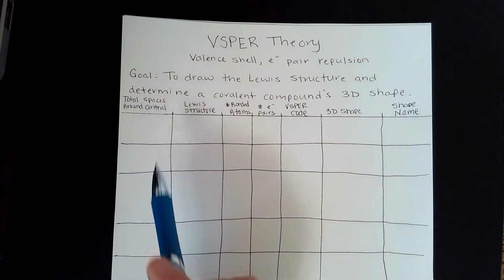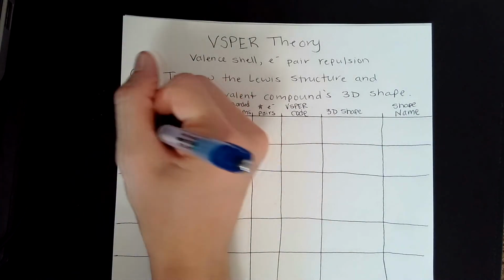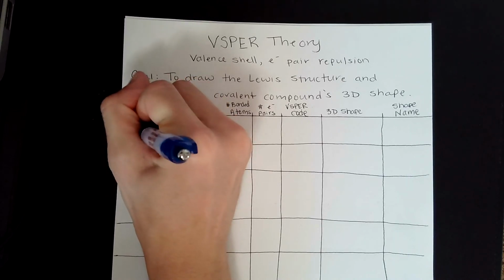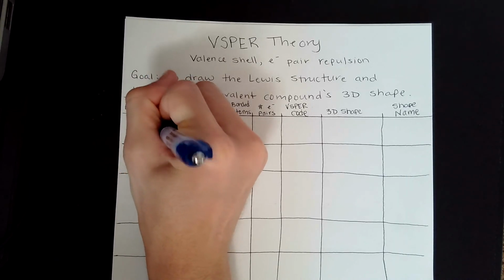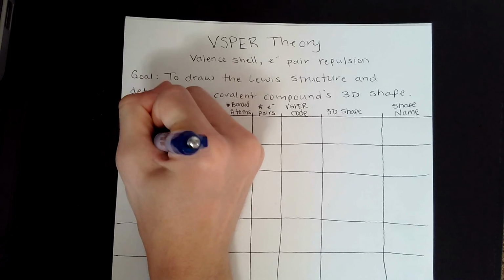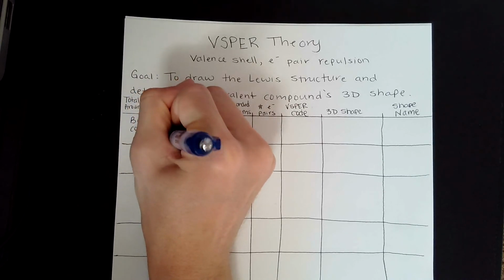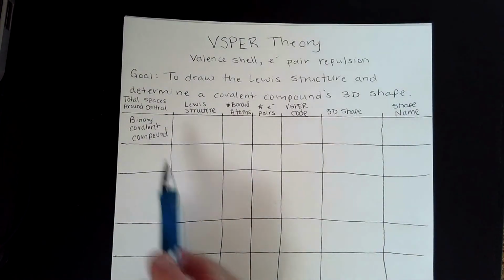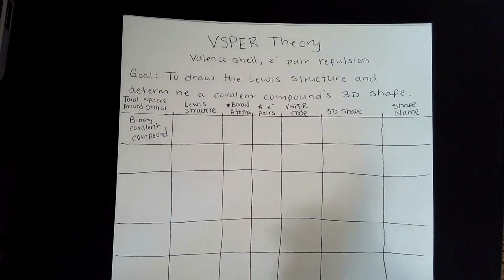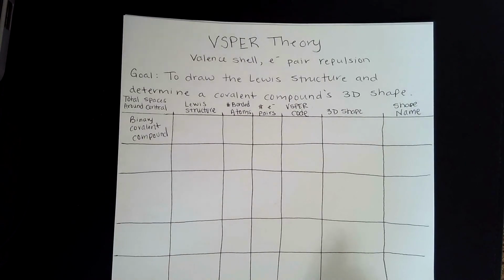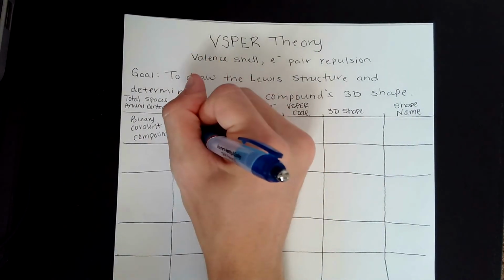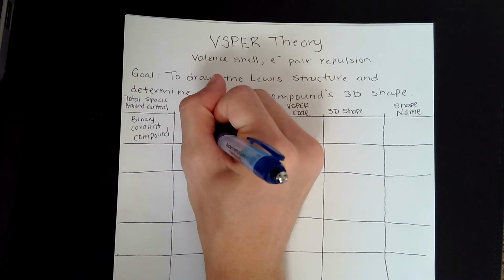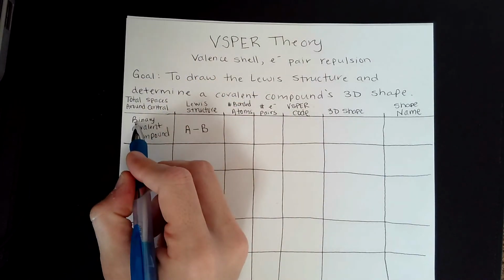So let's start off with our binary covalent compound. And this one's kind of an exception here. It's not going to fit the rest of the pattern, so that's why we're going to put it at the top. And I'm just going to use A's and B's here. But the Lewis structure might look something like 2 atoms bonded together. Remember, bi means 2.